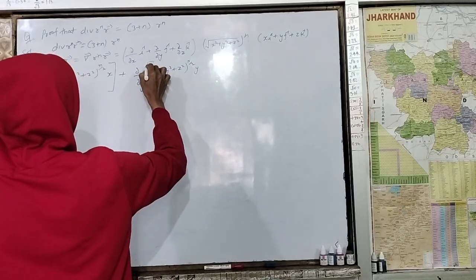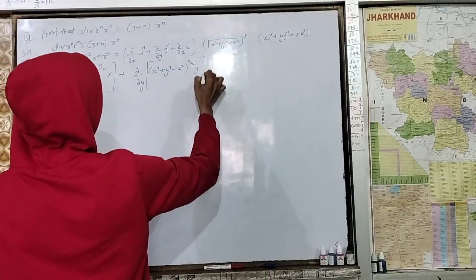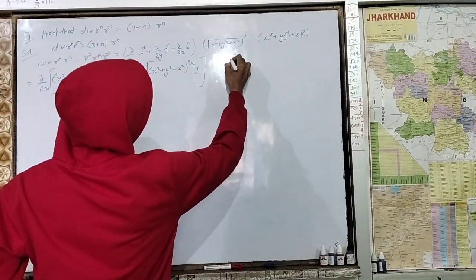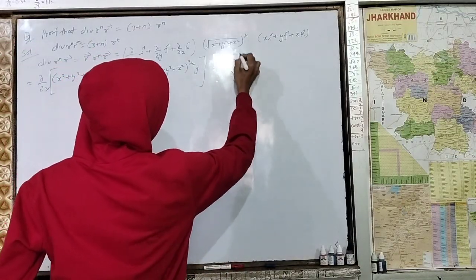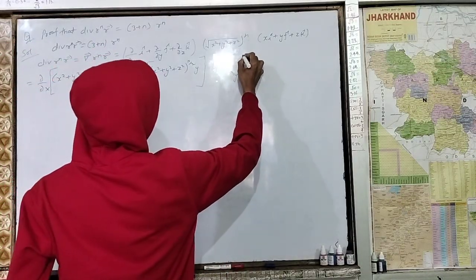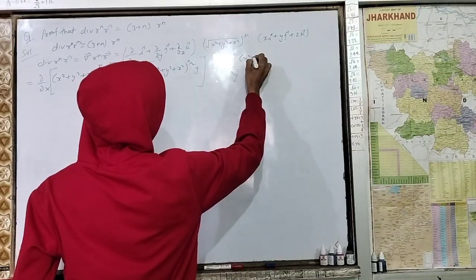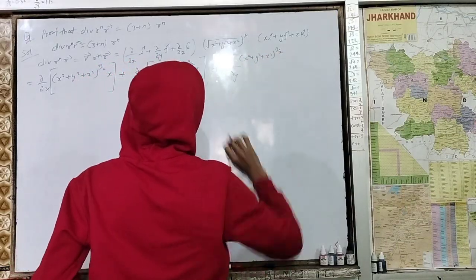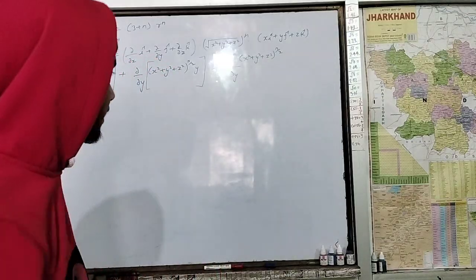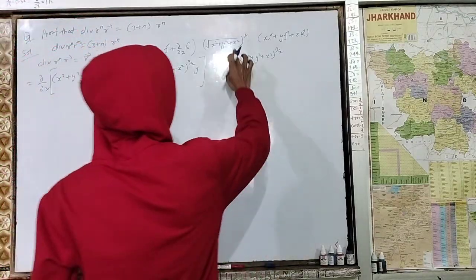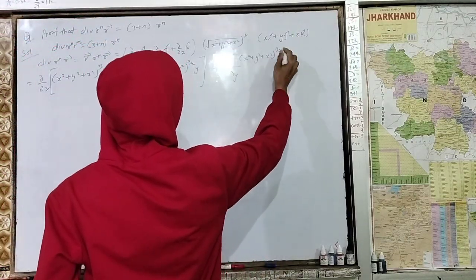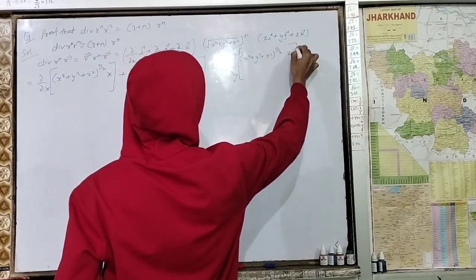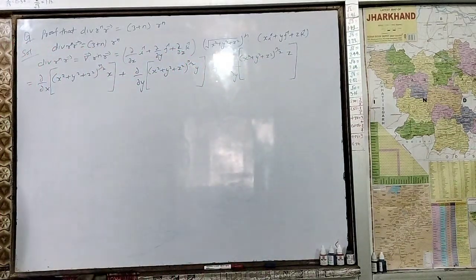Am I correct? This is another term. Plus d/dz of x square plus y square plus z square raised to power n by 2, and this is with z dot z. This is our third. Am I correct?